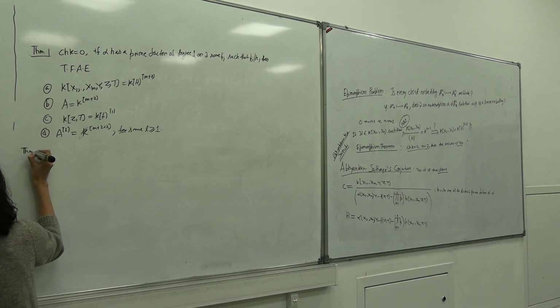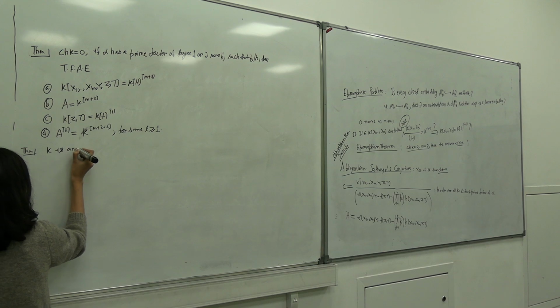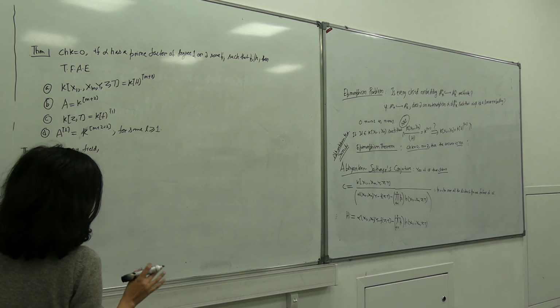Now we also consider arbitrary characteristic. K is any field. But here we need to take a special form of alpha.